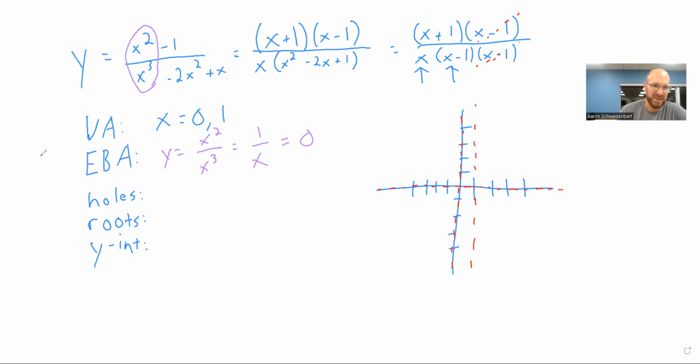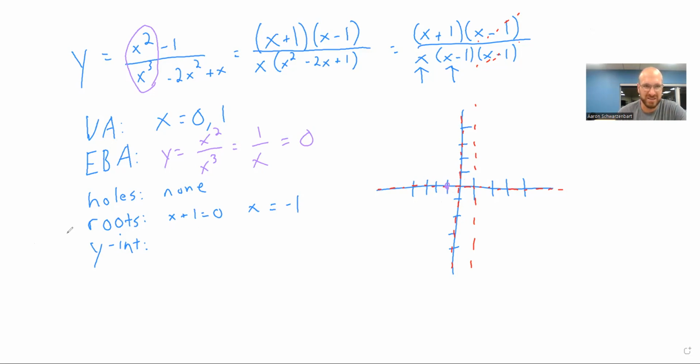Holes. This one does not have any holes. Roots are zeros of the numerator. So I take my numerator, what's left of it, set it equal to 0, that's negative 1. I'm going to make my graph be purple. Yes, you can cross a horizontal asymptote.